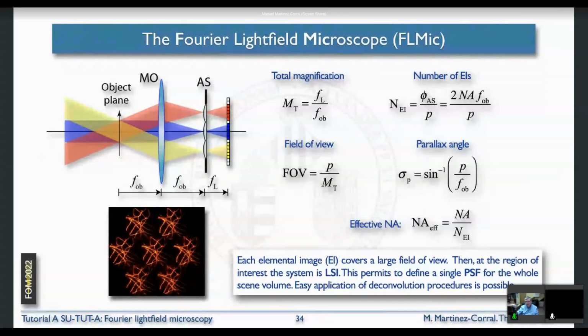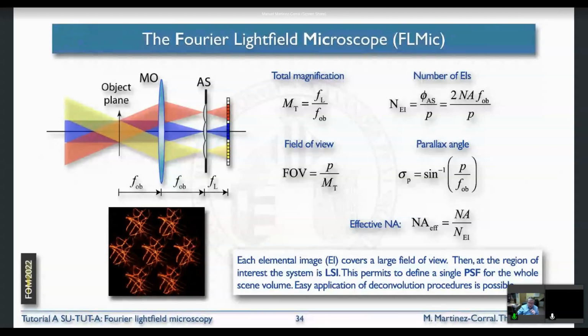And we can obtain the diameter of the numerical f-stop from the numerical aperture of the objective and the focal length. The field of view is the quotient, the conjugate of the pitch. The parallax angle, this angle that I told you, the parallax angle between neighbor elemental images, depends on the pitch and on the focal length.